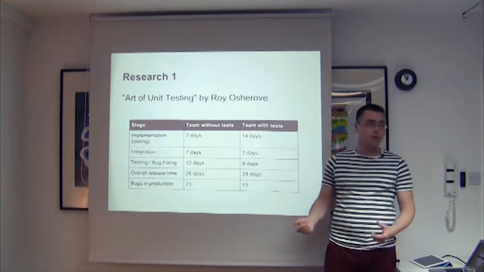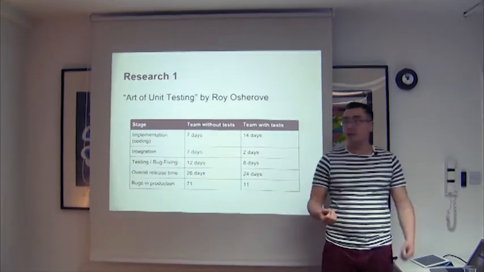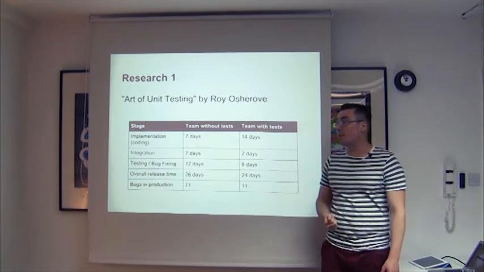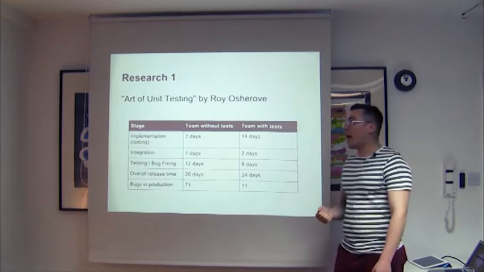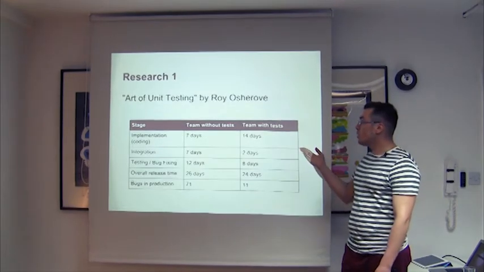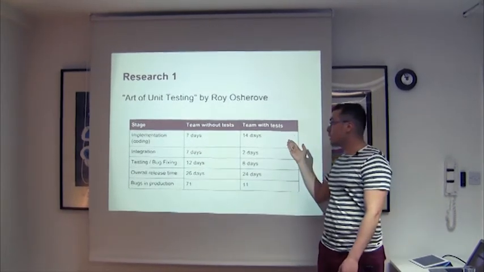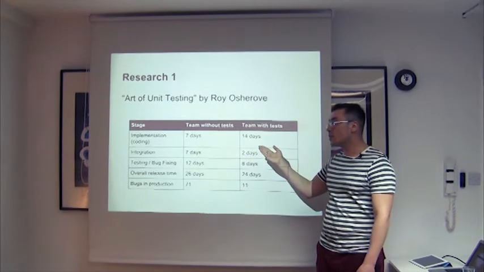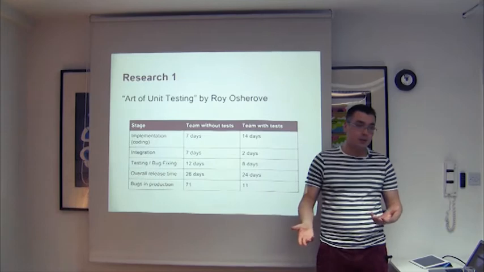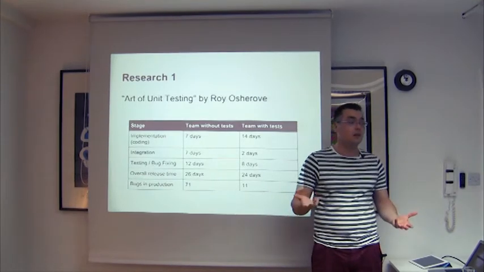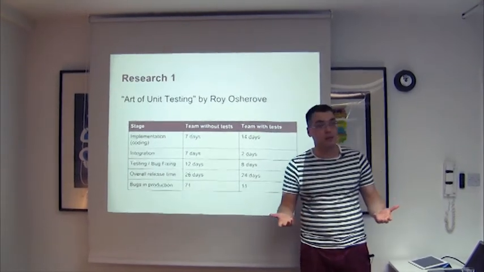One of the pages, unfortunately literally just one page, is about tests he performed in one of the companies he contracted for. And what he compared was two different teams. One was using test-driven development, the other one wasn't. They were working, according to him, on a similar size project. Both teams had similar technical knowledge and capabilities.